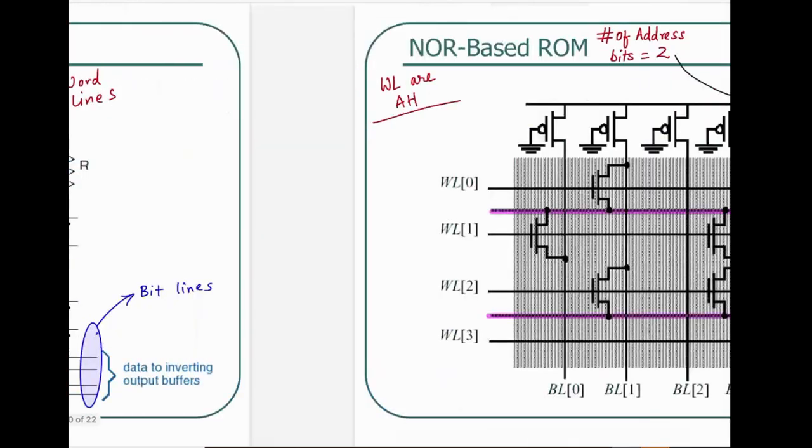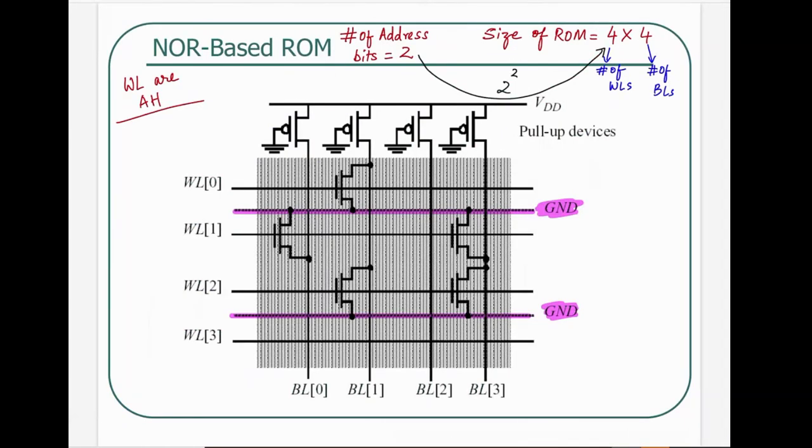Let's go back. Now, to understand this better, what we'll do is we'll answer this particular question. What is stored at each address location? That's what we'll try to answer with this example. And hopefully we can understand it while we do this.